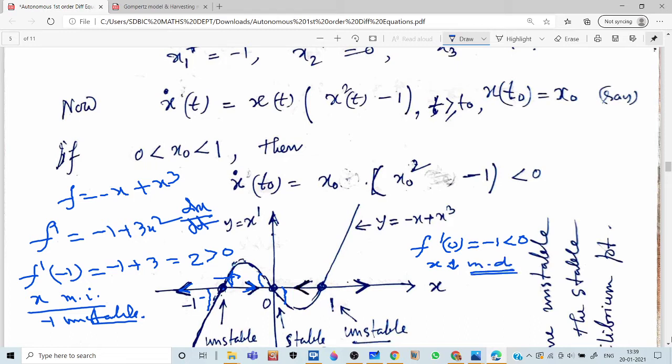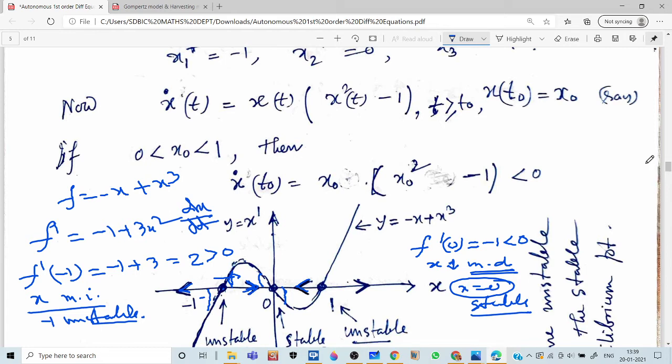For this decreasing behavior, x = 0 is stable by the theorem. Stable means we put two arrows towards 0.